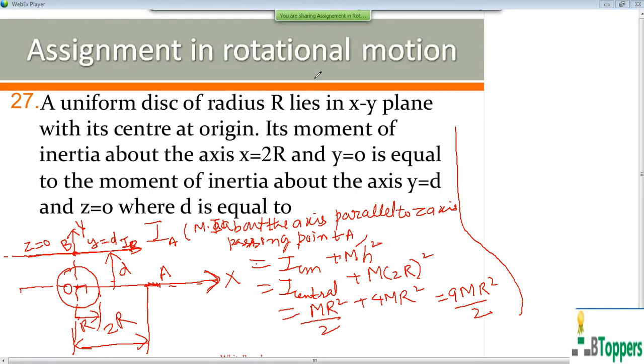So the moment of inertia about the second axis passing through the point B is found again by applying the parallel axis theorem. The axis parallel to the second axis passing through the point B and passing through the center of mass of the disk will coincide with the x-axis. That means it will coincide with one of the diameters of the disk.